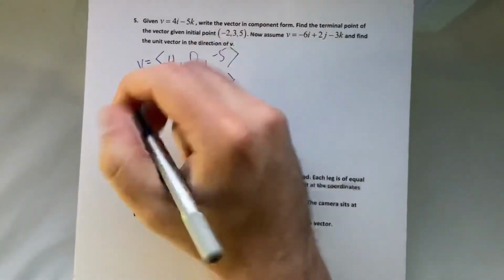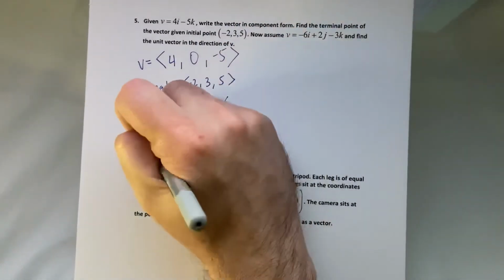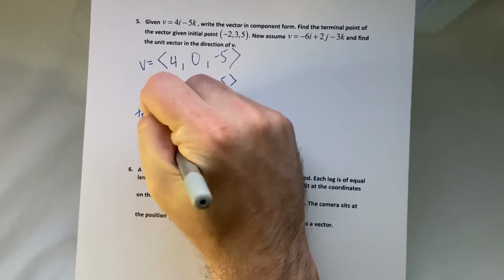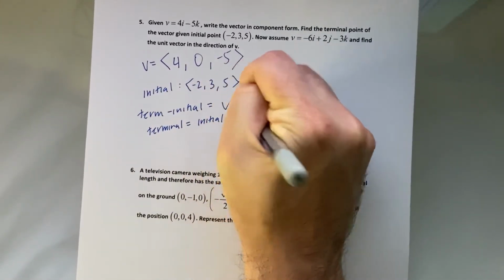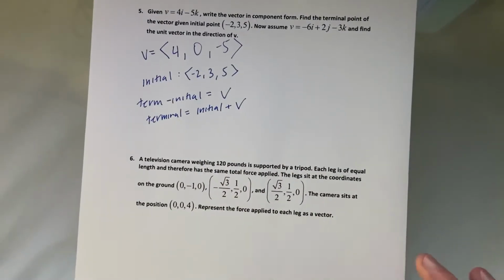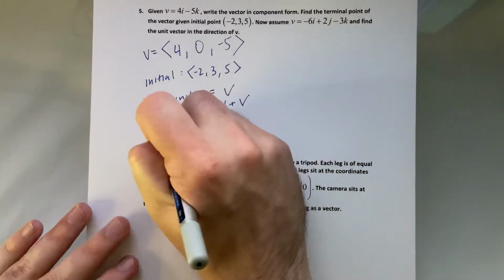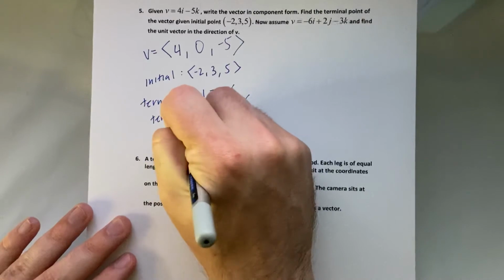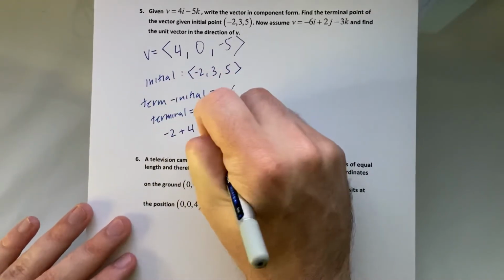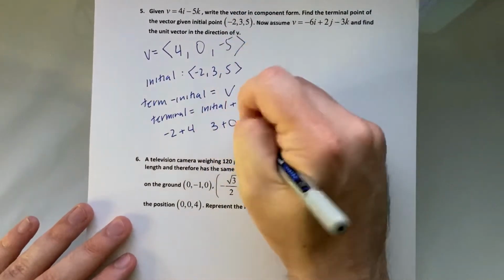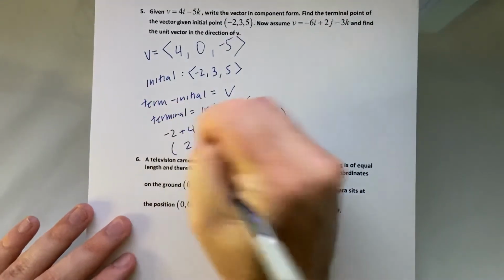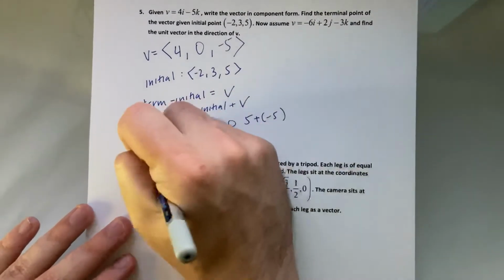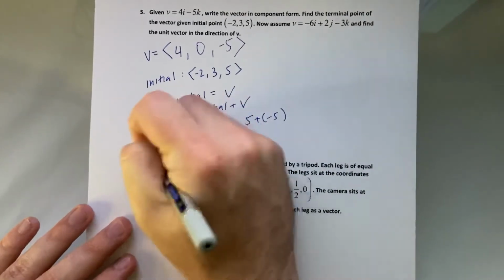So using some algebra, that means your terminal point is equal to your initial point plus the vector's components. Which means all I should have to do is negative 2 plus 4 for the x value, 3 plus 0, and 5 plus negative 5 to get 2, 3, 0 as my terminal point.